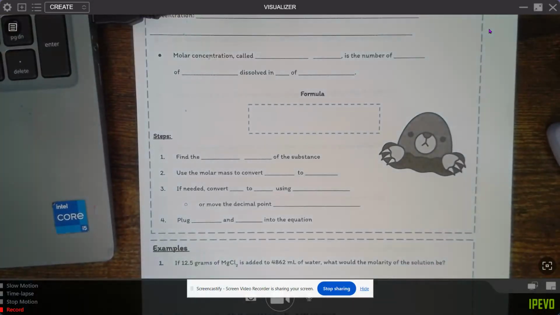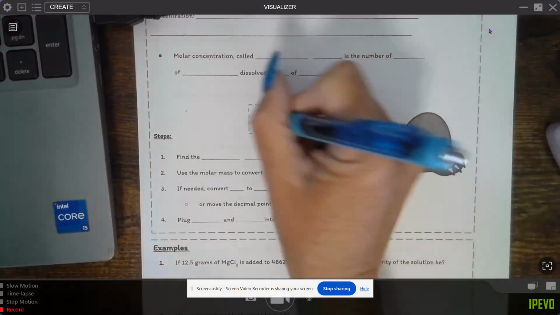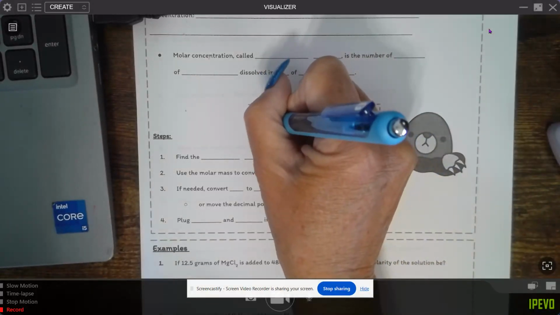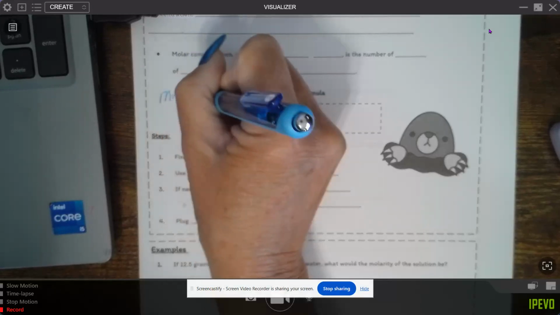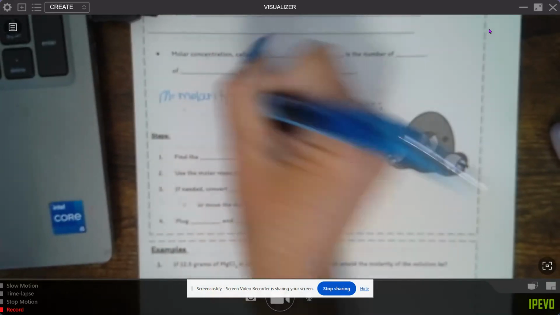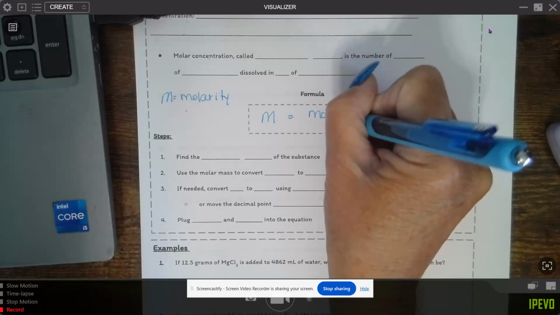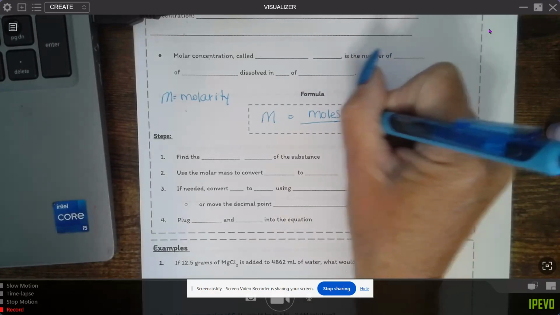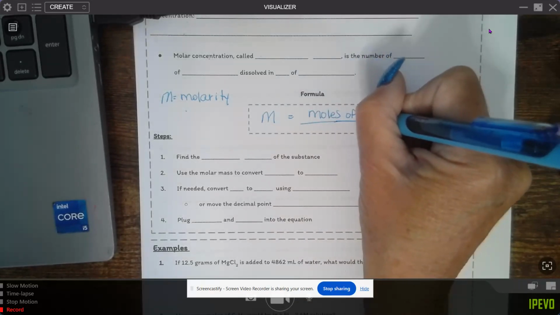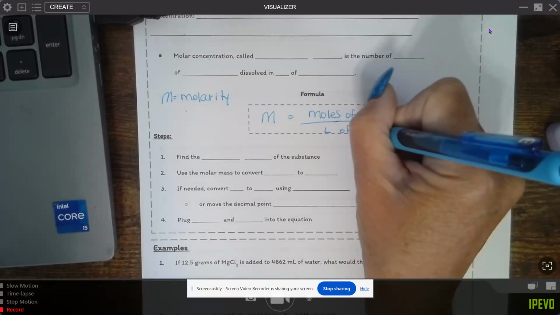All right, so first thing we need to know is what the formula for molarity is. The formula is capital M, which stands for molarity, is equal to the number of moles, and let's be a little bit more specific, moles of solute over liters of solution.